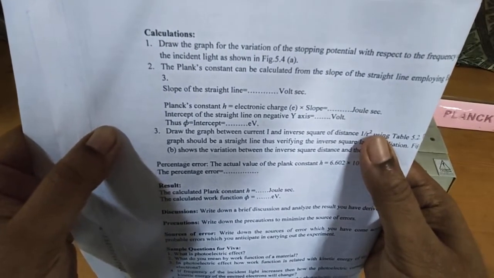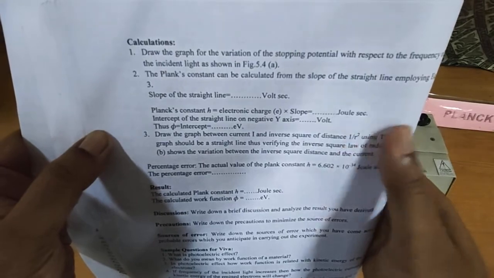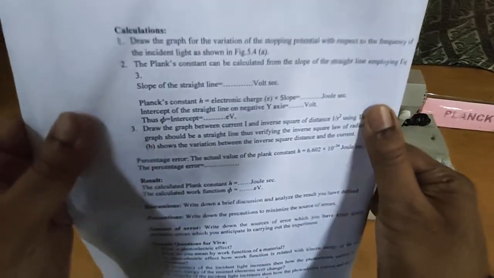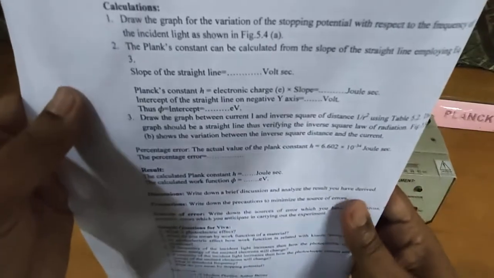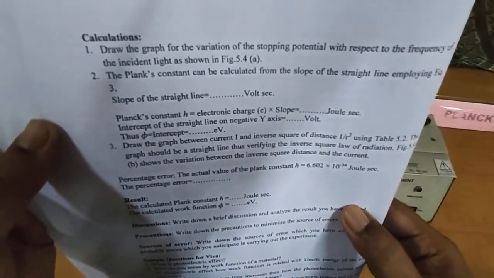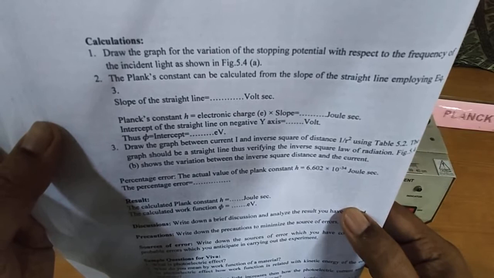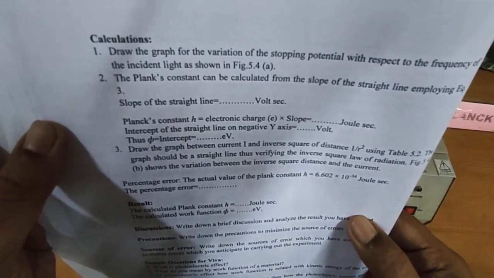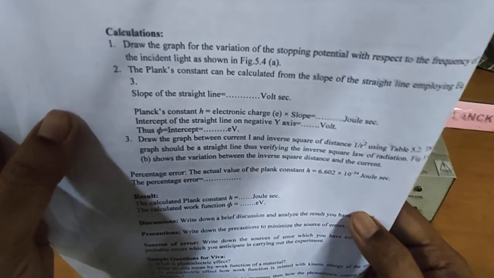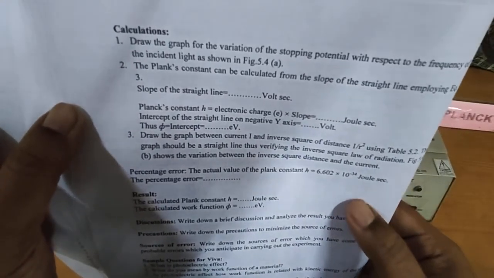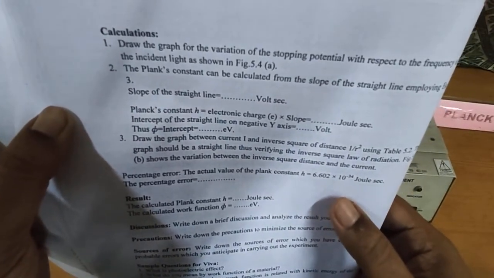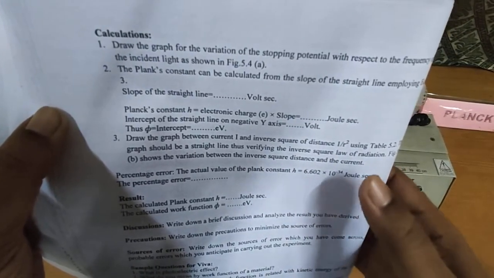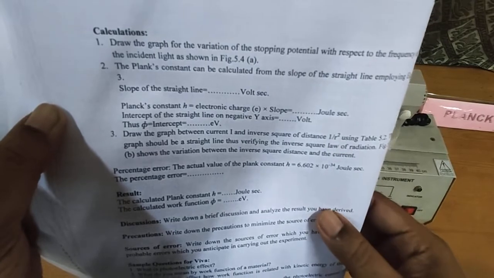So Planck's constant can be calculated from the slope of the straight line employing equation 3. It is there in your theory, equation 3. Once we get the straight line, we can find out the slope. Once we get the slope, Planck's constant, also known as h, is the electronic charge times the slope, which will give you the value in joule second.